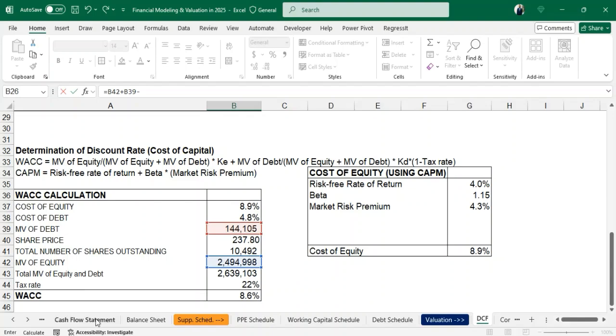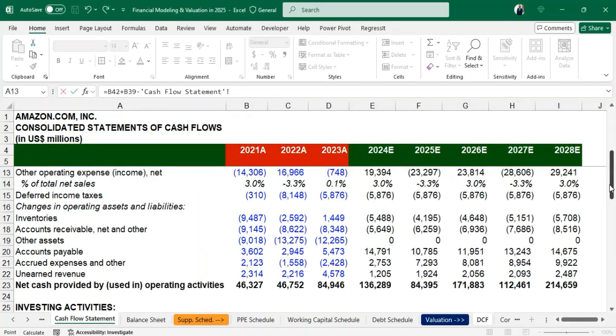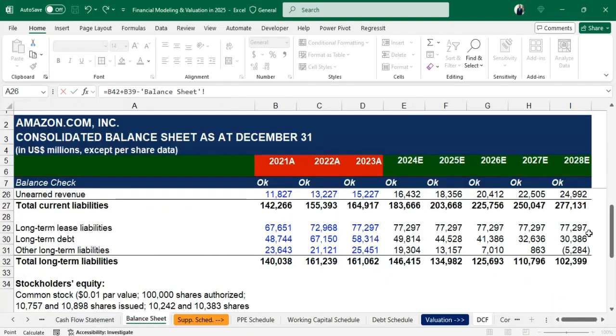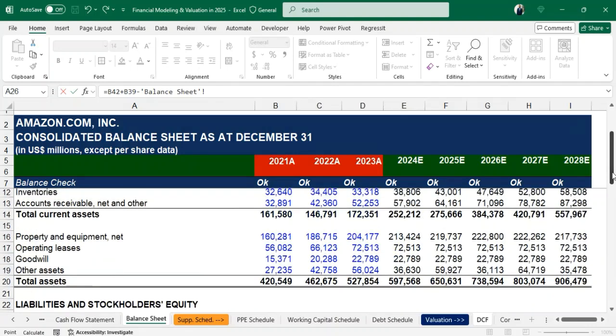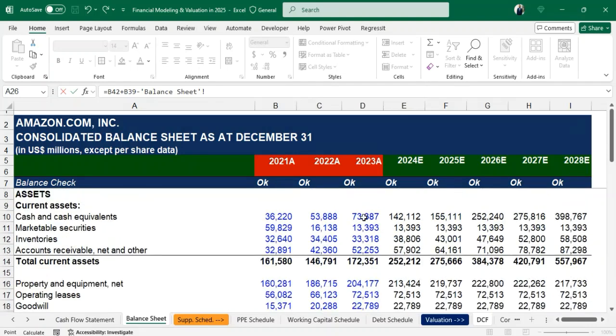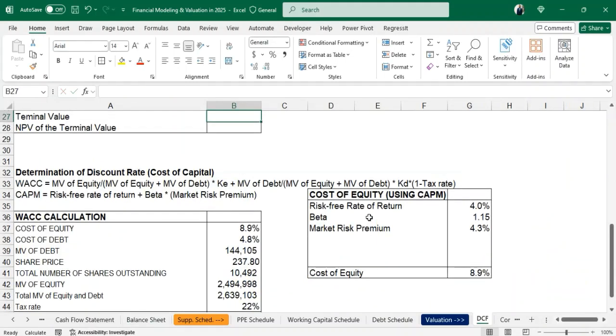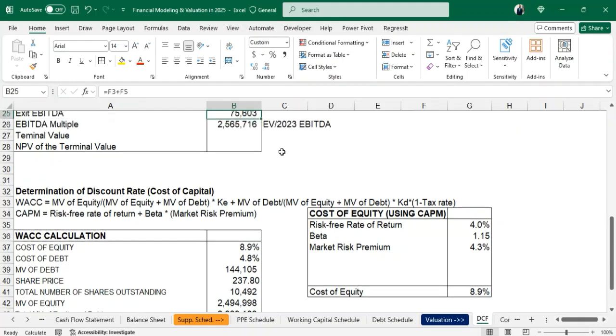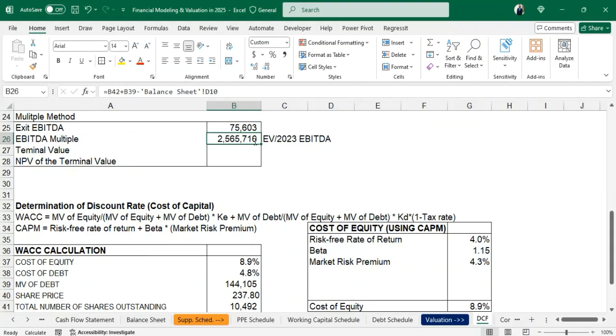We did this in our previous video. So let's pick our 2023 cash and cash equivalents figure from here, and then I'm going to hit enter.